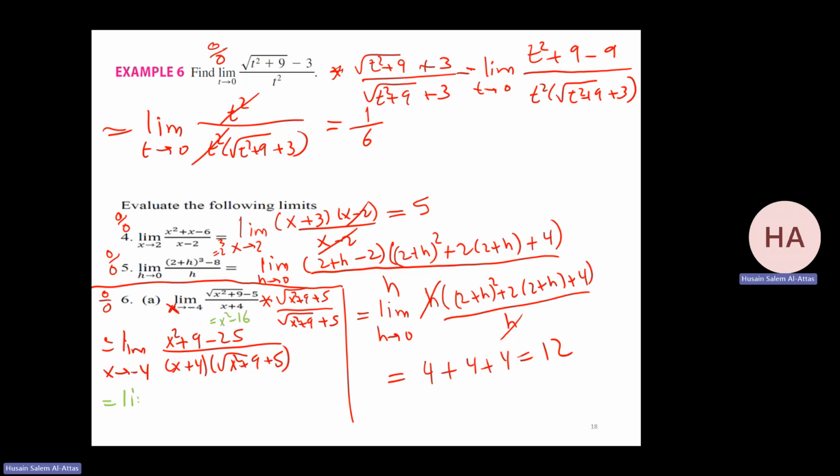So I can factor it. Yeah, x minus 4 times x plus 4 over x plus 4 times the square root of x squared plus 9 plus 5. This is cancelled. I can do the calculation.